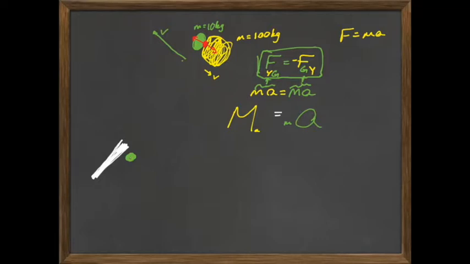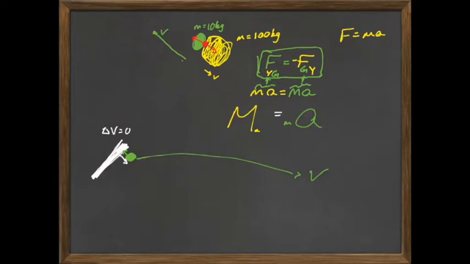We know that the ball is going to hit the bat, but the bat is going to also hit the ball. So the question is, which one applies more force? We know that after it hits, the ball is going to fly off with a great velocity, but the bat doesn't really go anywhere. In fact, the bat still moves through the ball, but let's just say the bat has no change in velocity.